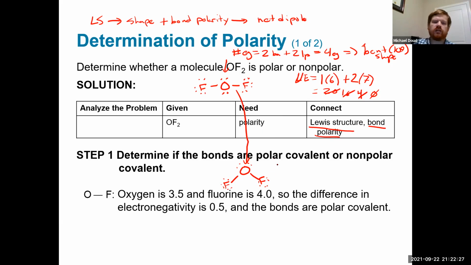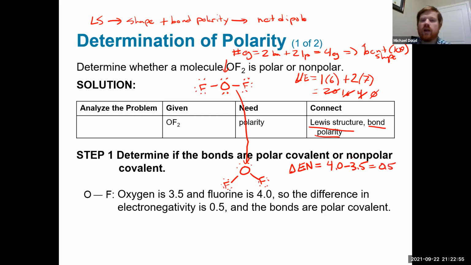Now, next thing that we want to do is figure out the bond polarity. So in order to do that, we have to calculate the difference in electronegativity. For oxygen, it's 3.5, fluorine is 4.0. So we take 4.0 minus 3.5, and that gives us a difference of 0.5.